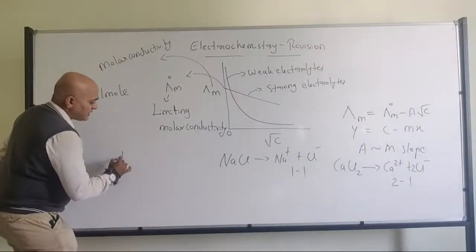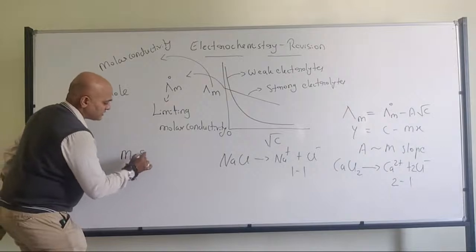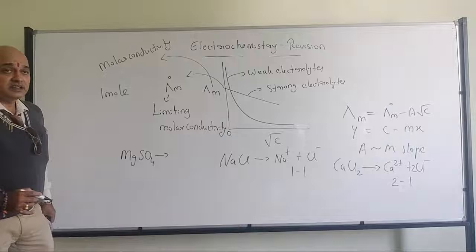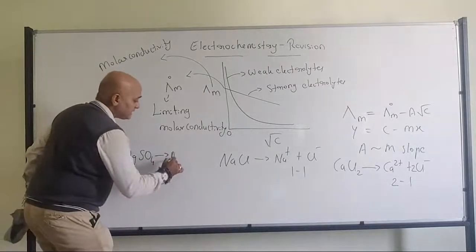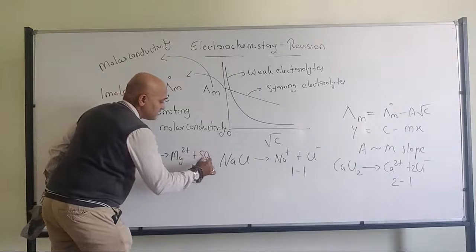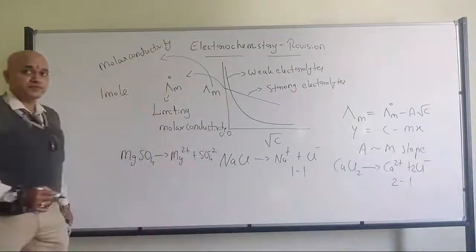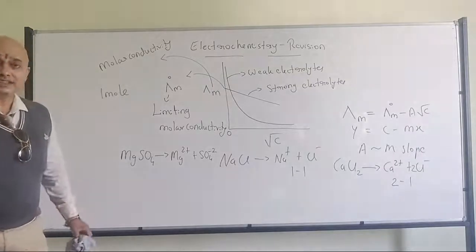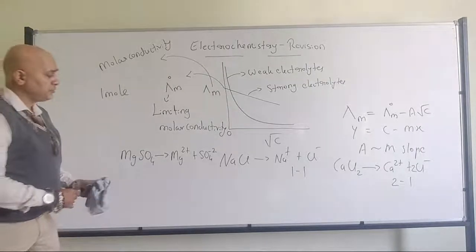In the same way, if I take magnesium sulfate, it can be dissociated as magnesium plus 2 and sulfate minus 2. Now we have a condition where the charges are the same, plus 2, minus 2.